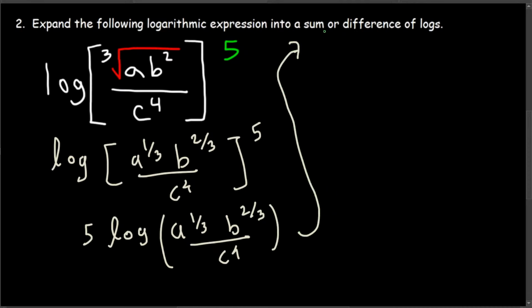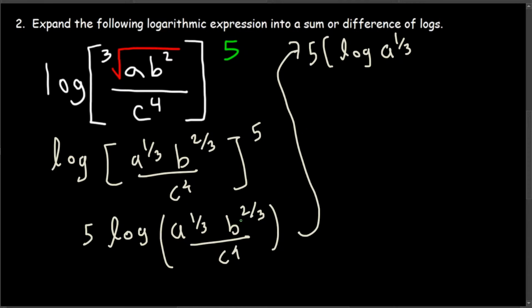So here we take 5 as common, and then log. First we have a power 1 over 3, that's in the numerator, so it is already positive. We don't have to worry about anything; we just write log a power 1 over 3. The next thing is b power 2 over 3.